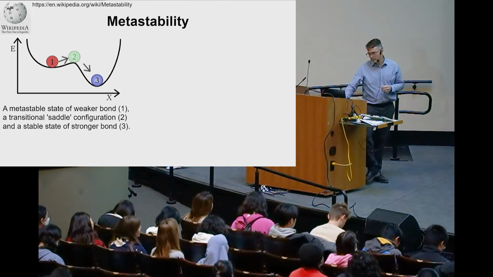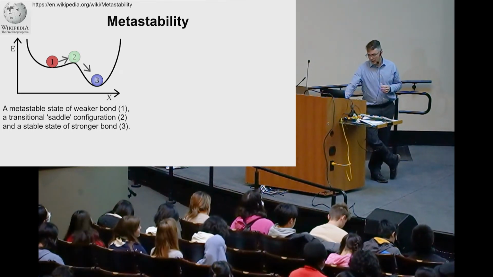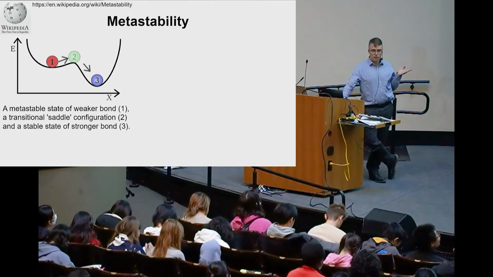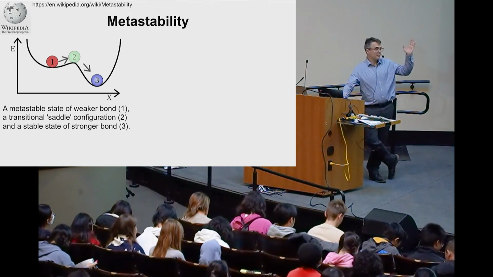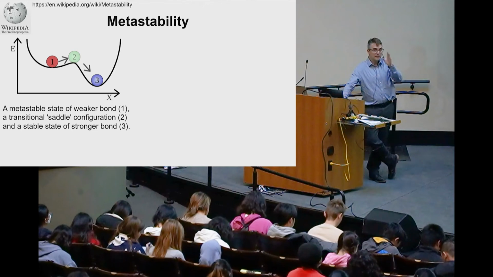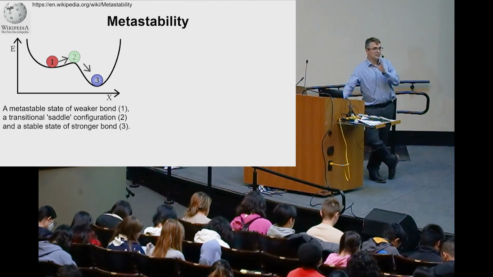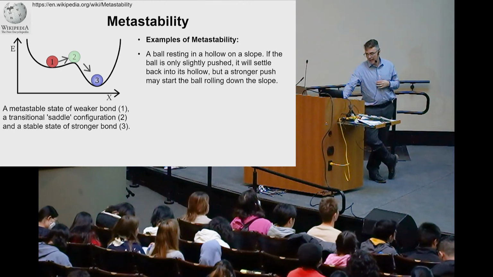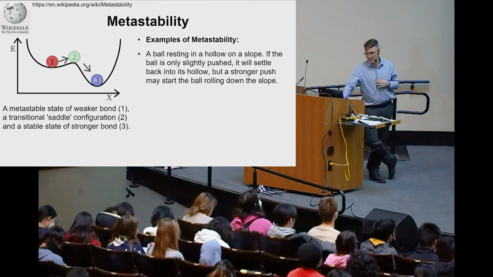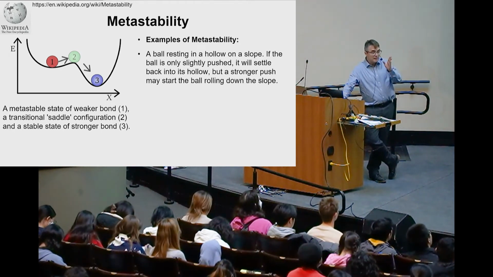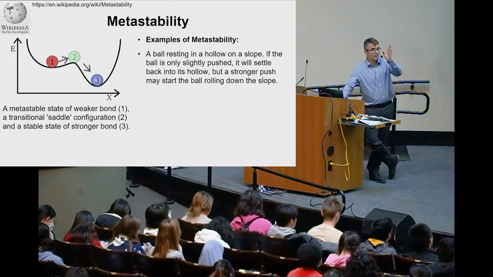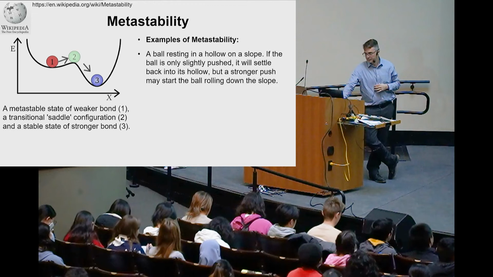I'll just talk a bit about metastability. Here we have potential energy of maybe an atom in a molecule versus x, the distance between it and another atom or something. You can have a metastable state where it could be stable for small perturbations, but unstable for larger perturbations, and then it'll rush away.